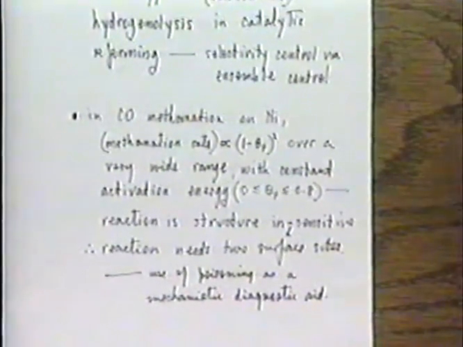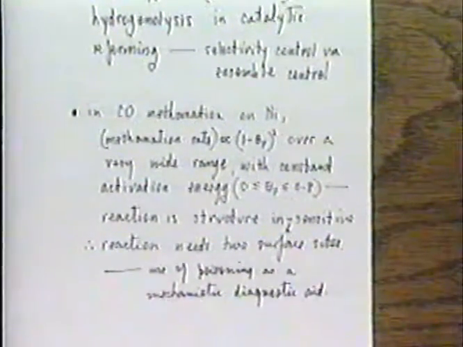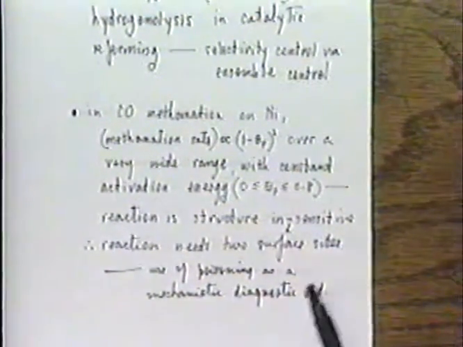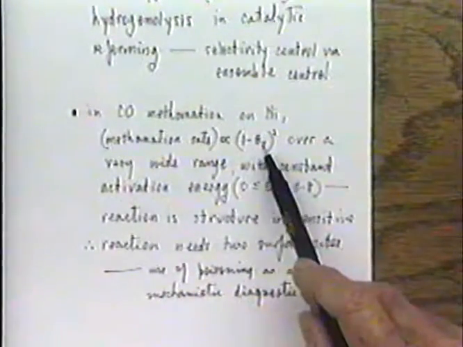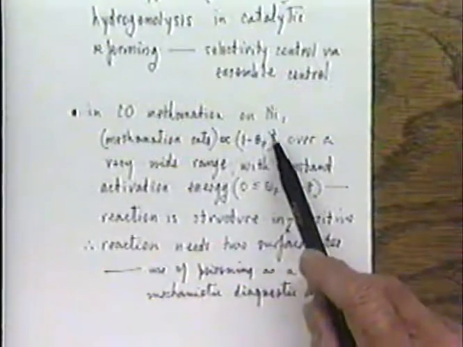In fact, I've given an indication here of what's involved. The rate of the methanation process goes as the square of the concentration of free sites, which in other words is (1 minus the concentration of poison sites) squared.